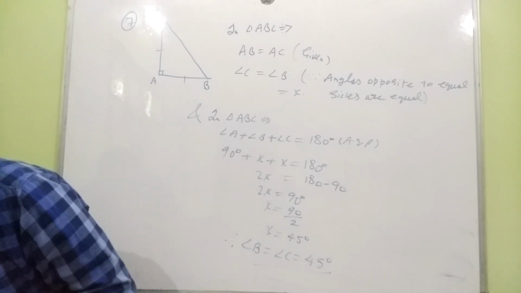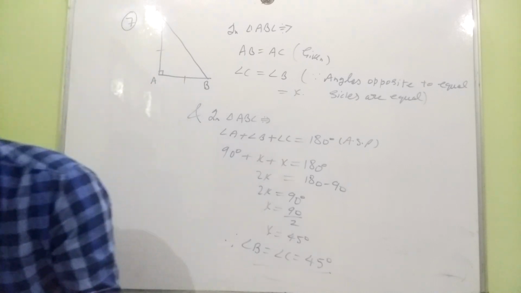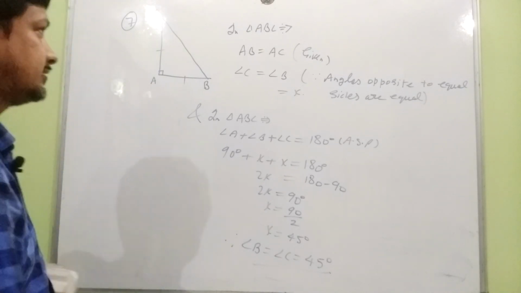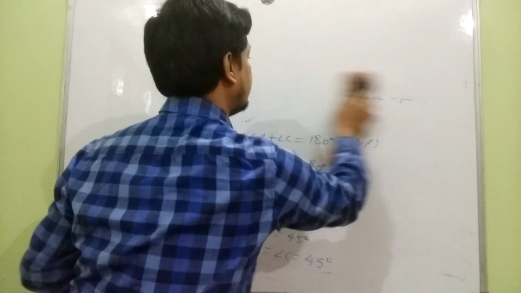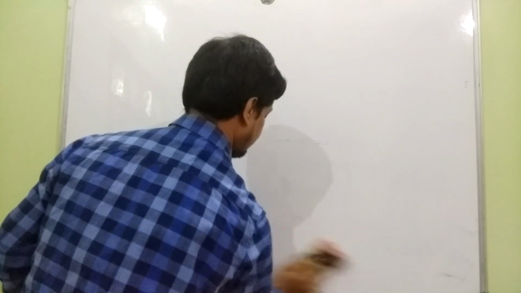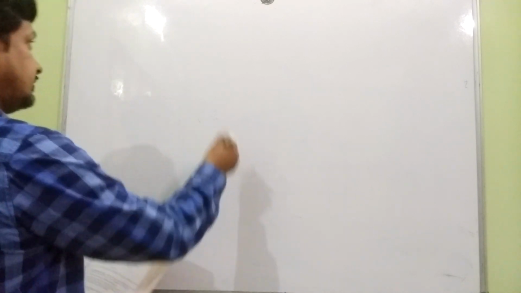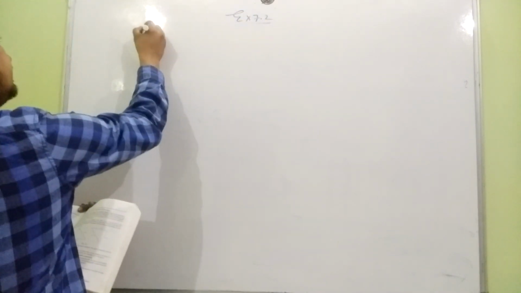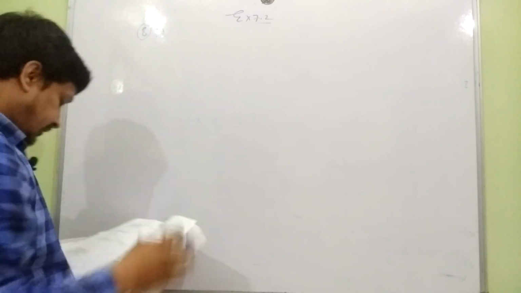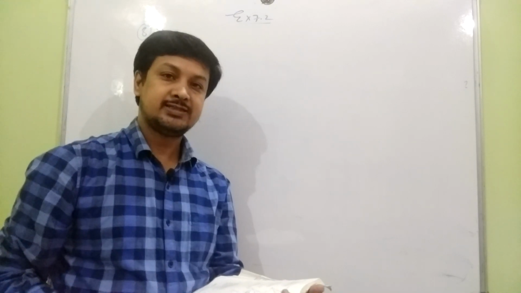After this we will have question number 8, and it is the last question of the exercise. So question number 8 of the exercise 7.2 is, show that the angles of an equilateral triangle are 60 degree each.